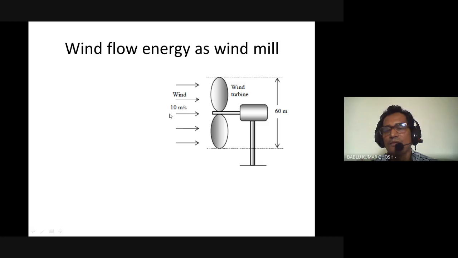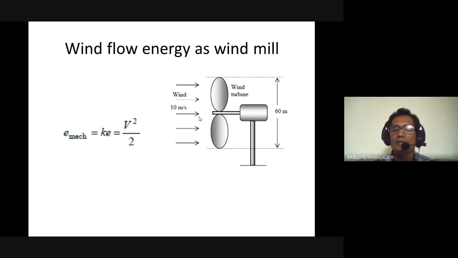So the flow of air, the diameter of the cross section of the blade, how can we get it? The mechanical energy density, as I told you before, is mv square by 2, but it is nothing but v square by 2, because it is energy density, that means energy per unit mass, v square by 2.